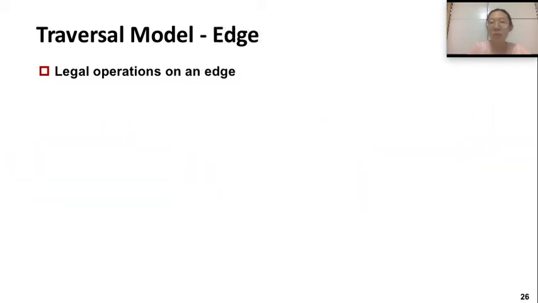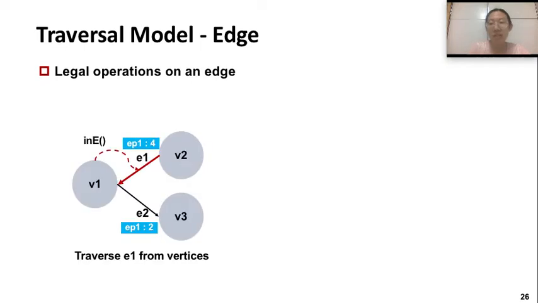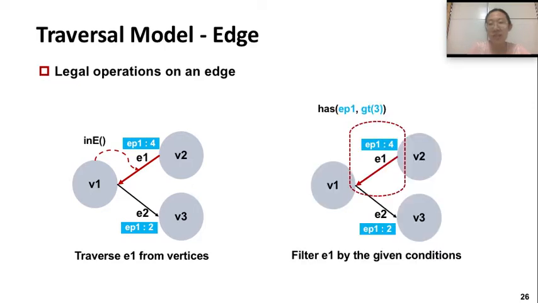The traversal model also describes the legal operations on edge. We can traverse the edge E1 from the vertex V1 using the API inE. We can also retrieve it through API has with its property key EP1 and a predicate as parameters. Here, the predicate checks whether the incoming number is greater than 3.